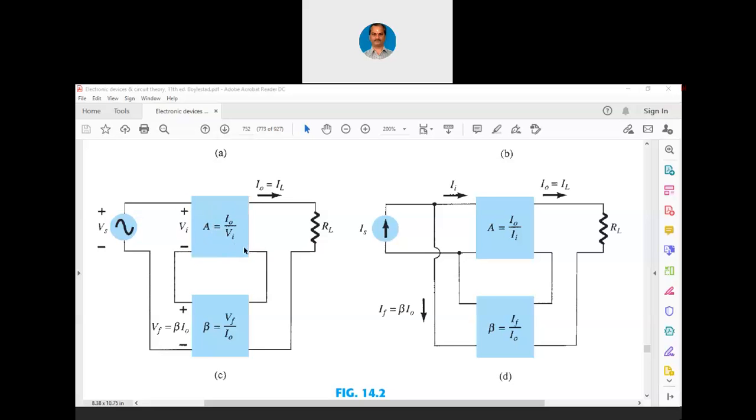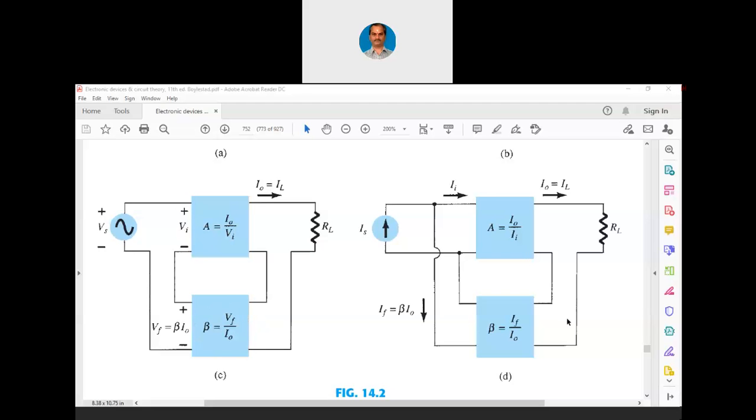I by V is conductance. But again it is a gain only. Why? Because we are now considering the output current and we are feeding it back to the input voltage. So A equals I naught by Vi. Similarly, beta equals Vf by I naught, because we are sampling the output current. So you can observe all these changes in the notations.